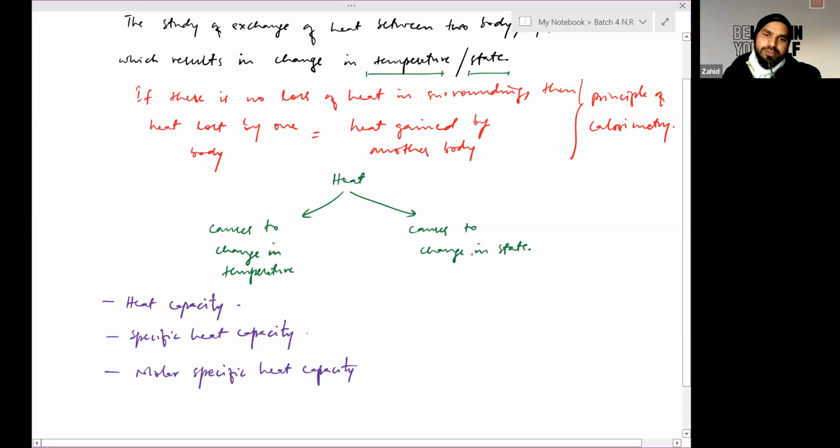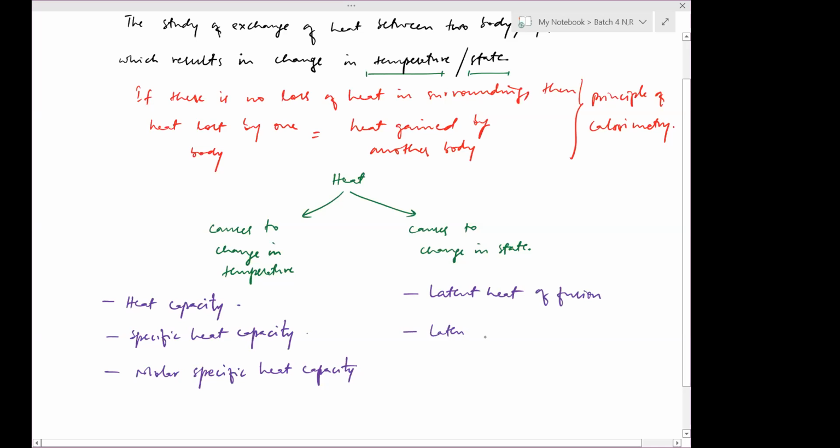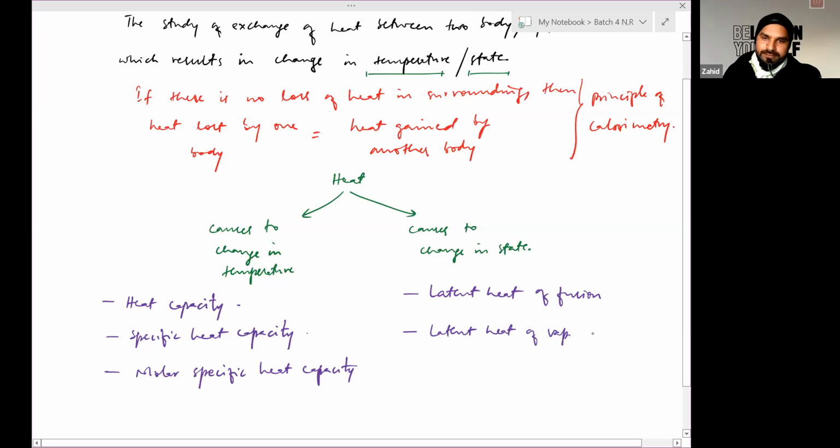Second, heat which causes the change in state of a body. So first will be latent heat of fusion. You must have learned about it in class 9th. Similarly, latent heat of vaporization.